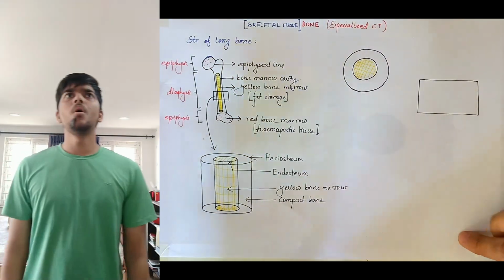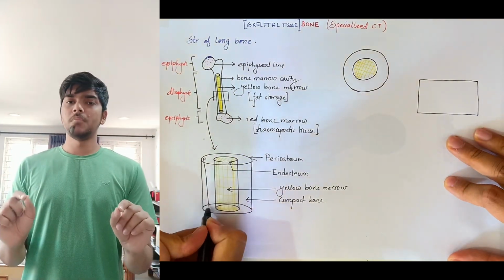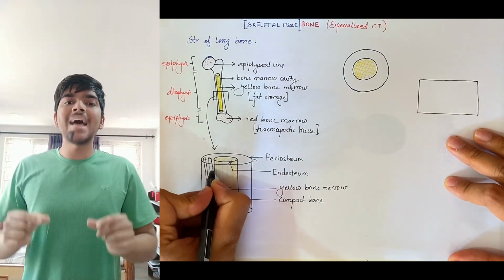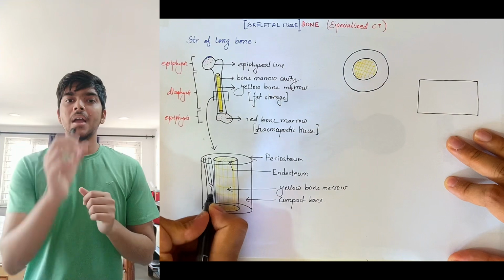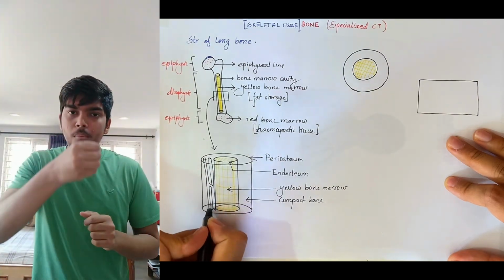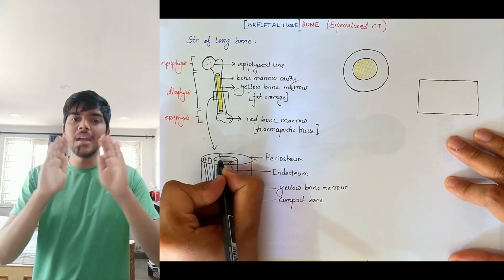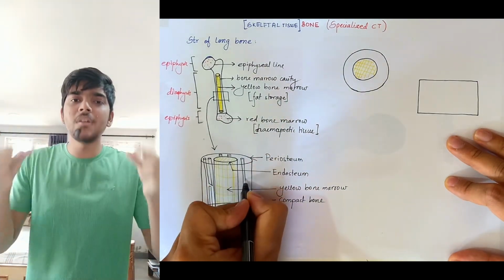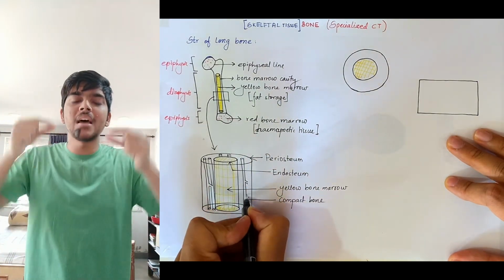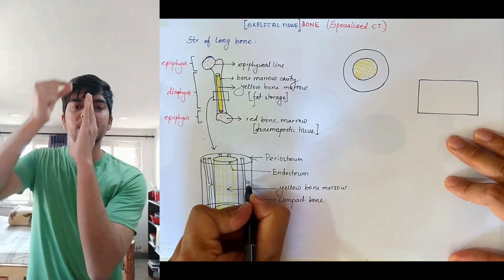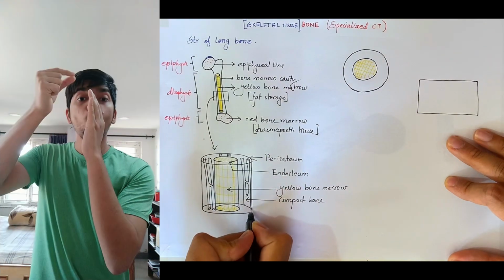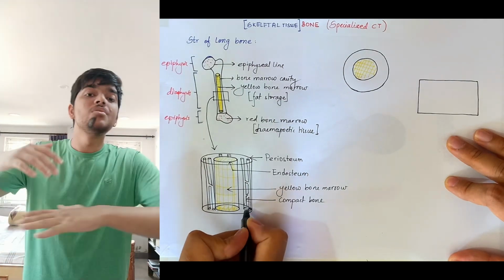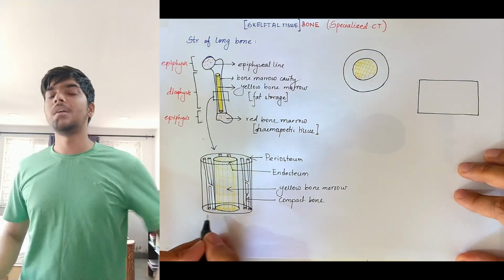Okay, so in your compact bone, you can see several canals that run parallel to this yellow bone marrow. In the middle, there's your yellow bone marrow. Surrounding it is the compact bone. Inside compact bone, there are several tubes or canals that run parallel to this yellow bone marrow, and these tubes or canals are vertical to the transverse section of that bone.